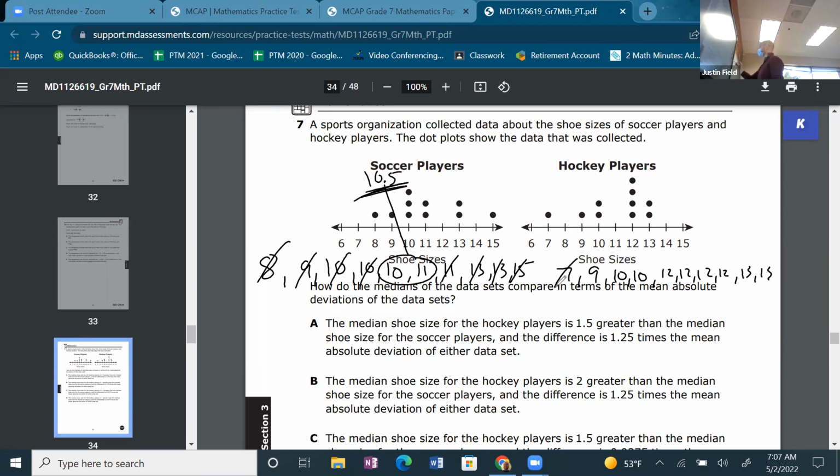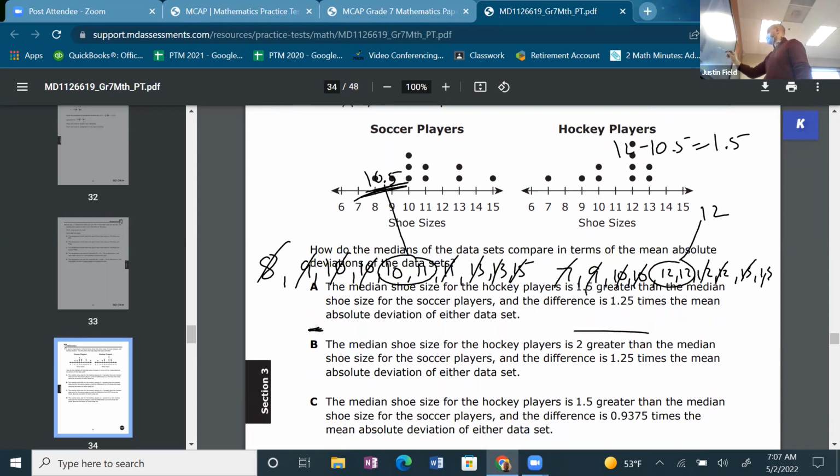And now I'm going to cross off, and I'm finding the median. And the median is 12. So what is the 2 greater? It's 12 minus 10.5. That's 1.5. So the median is 1.5 greater for the hockey players. That is correct, and the median is not 2 greater.